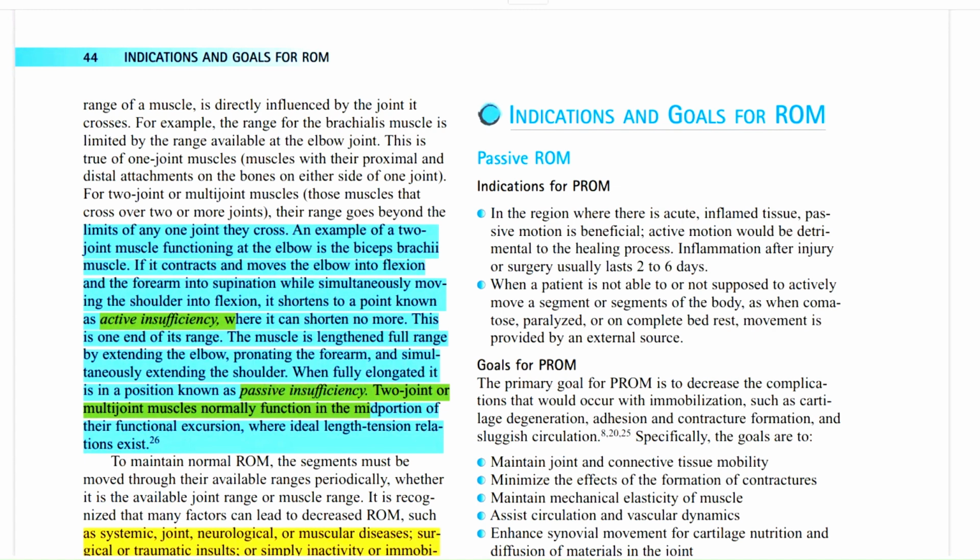You cannot further increase that available range, like 160 to 180 degrees. If the patient normally reaches 160 to 180 degrees, you just work on that mobility. You cannot further improve the flexibility unless you stretch the muscle to that area. Then you can improve their flexibility. So these are the major factors.